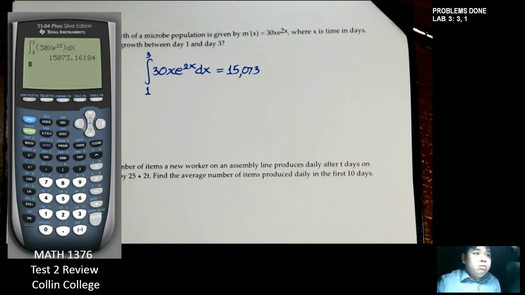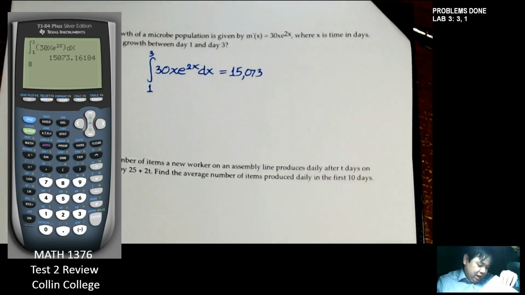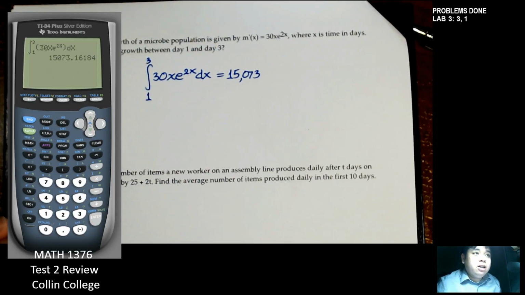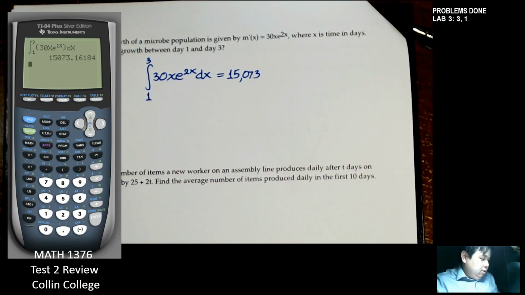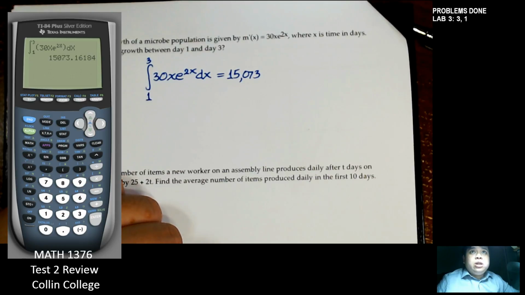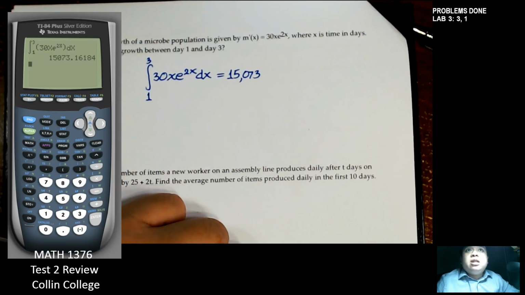If you want to check any of them, just let me know. Yeah, that is correct. By the way, I need to switch to the other calculator, so let me switch the calculator.